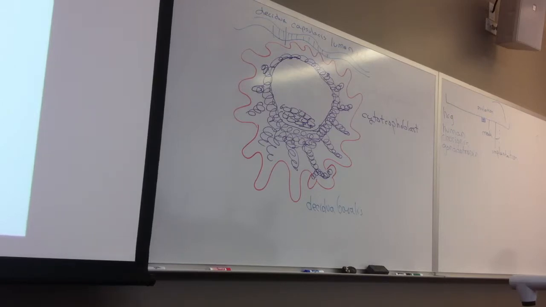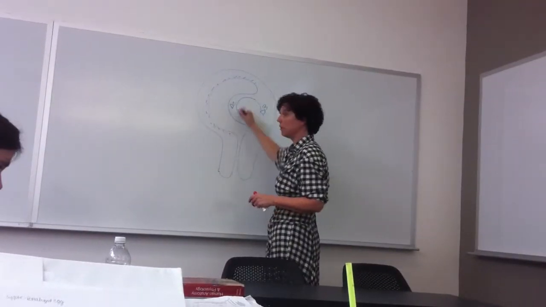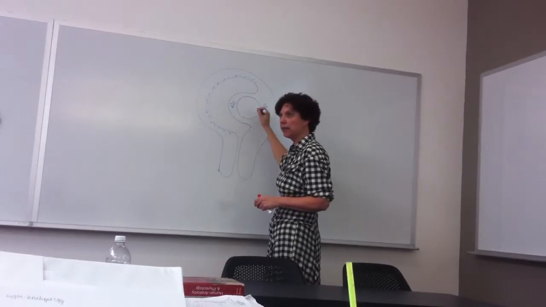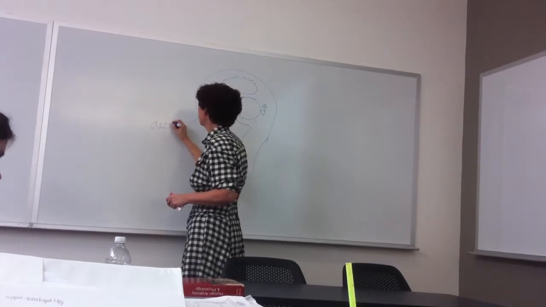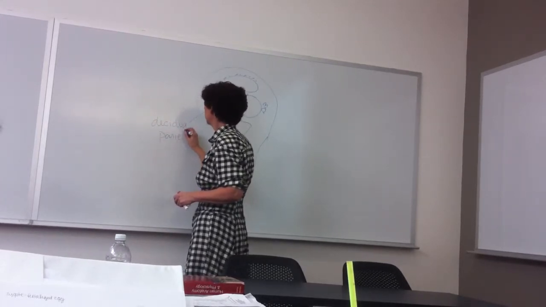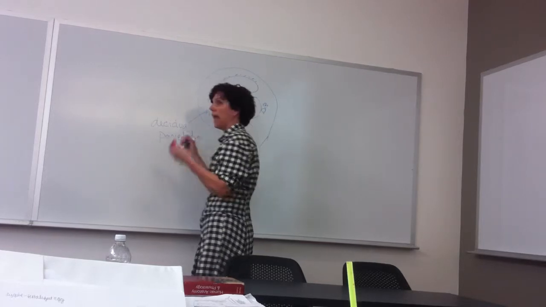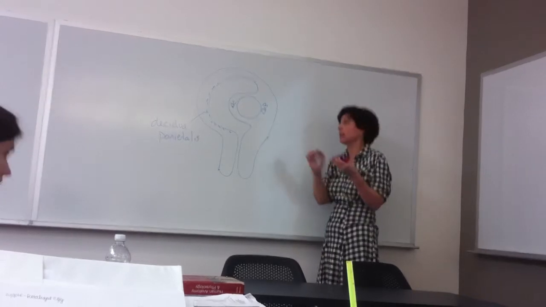Everybody kind of with me? This is growing out. All the rest of this stratum functionalis, not directly associated with our developing fetal tissue, is known as the decidua parietalis. So we have three maternal tissues known as components of the stratum functionalis.